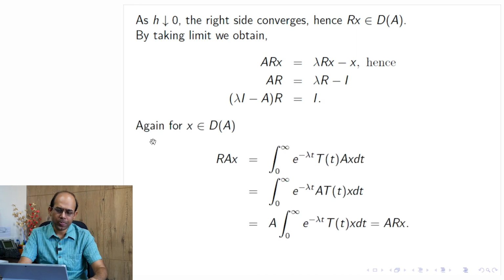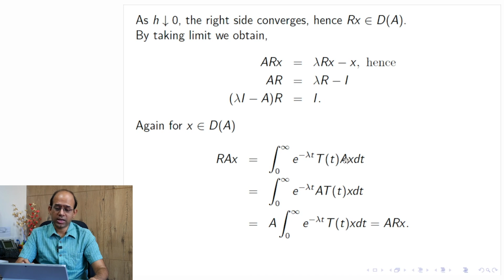Okay, so here we go again. For x in the domain of A, RAx is equal to the integration from 0 to infinity of e to the power of minus lambda t, T(t) Ax dt. Okay, how did we get it? Just from the definition, R applied on Ax, so I have written Ax here.